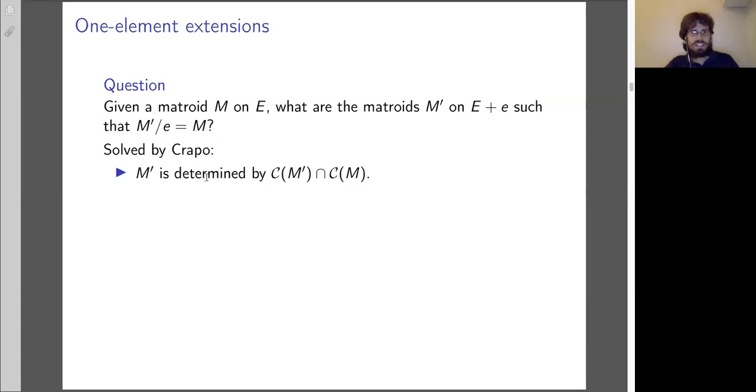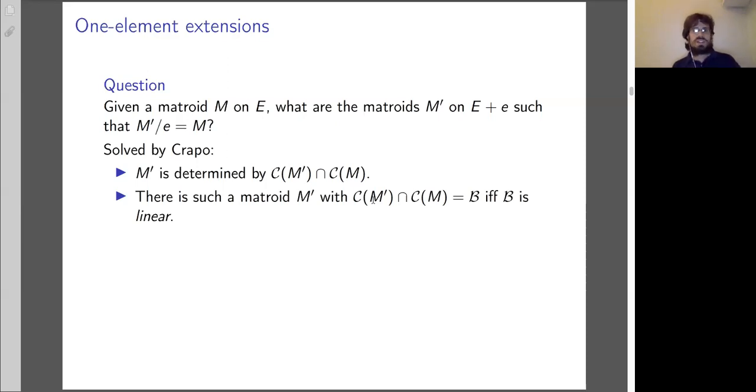And the first thing to notice is that just that information about which circuits extend by adding the new element and which ones are still circuits in M dashed is enough to completely determine the new matroid M dashed. And so we just need to understand which collections of circuits can arise in this way, as the intersection of the set of circuits of the new matroid with those of the old.